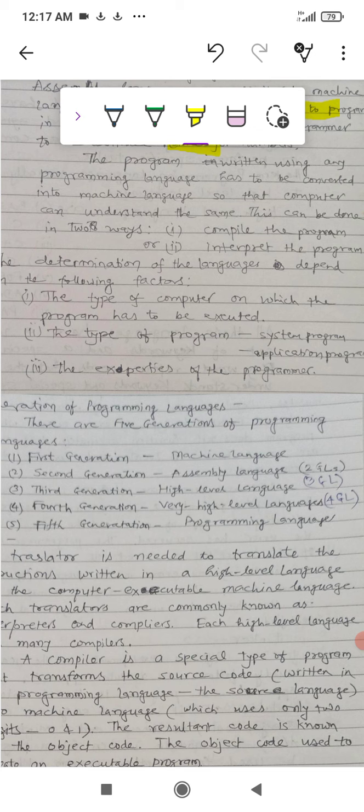This can be done in two ways: by compilers and by interpreters.